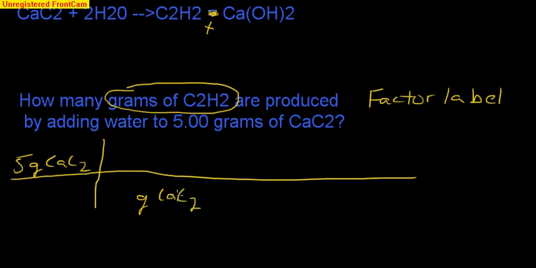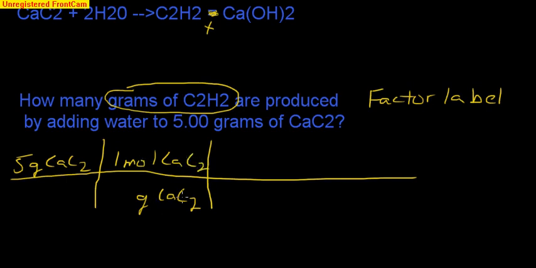If I've got the same thing here and here, these will eventually cancel out. But in these vertical slots, I have to find values that are equal to one another. So in this case, I'm going to have to find the molar mass of calcium carbide. So I'm going to put 1 mole of CaC2 on top.